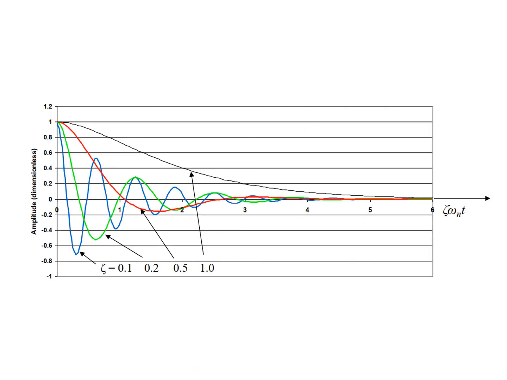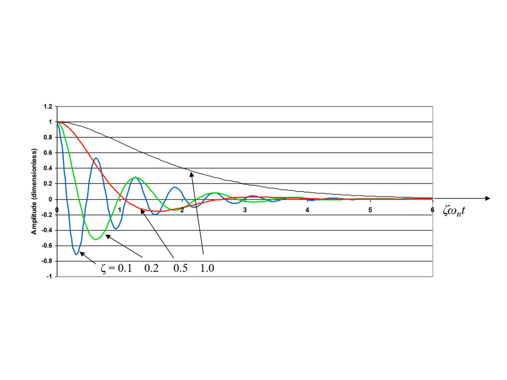So this graph in the last slide helps you to understand the influence of zeta, the damping coefficient. Let's first look at the zeta equals 1 curve, indicated by the black line, and this line corresponds to the critical damping, and we see the position approaches its original location.